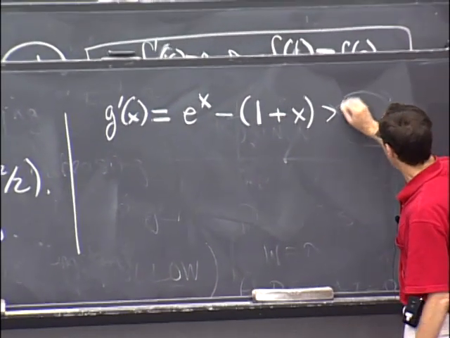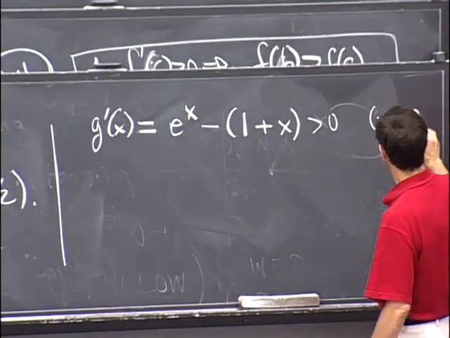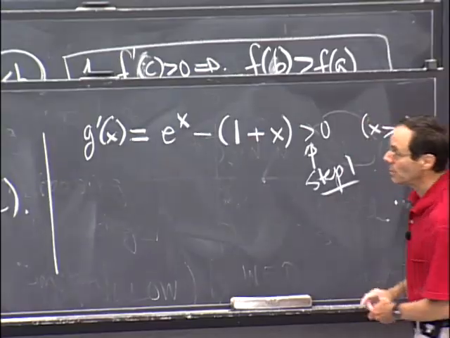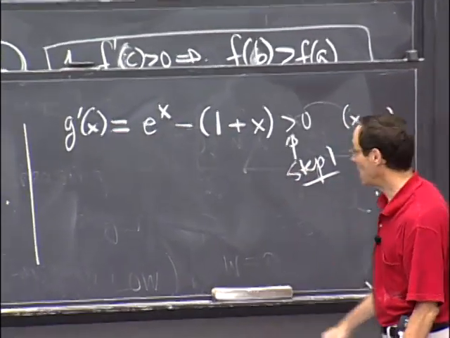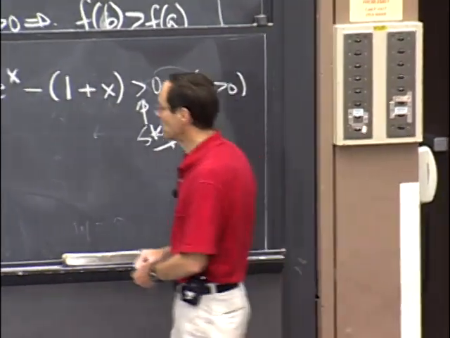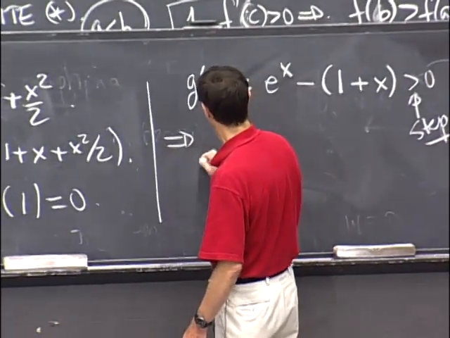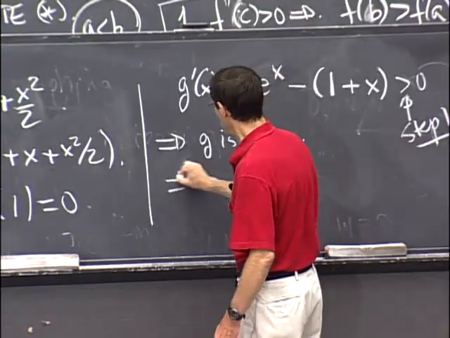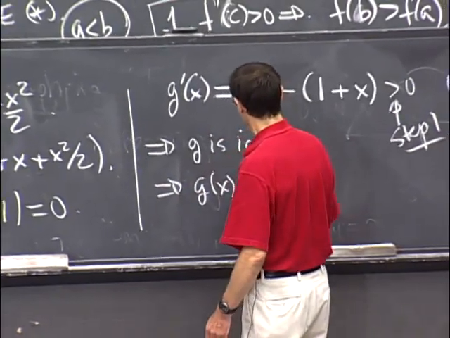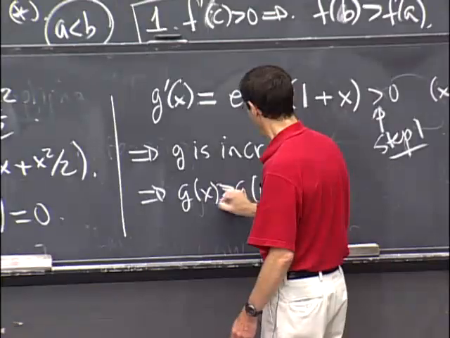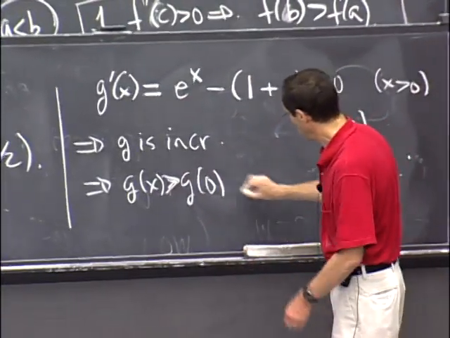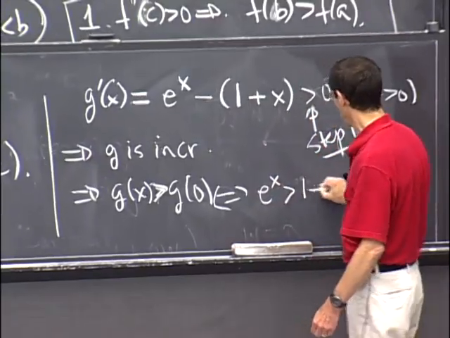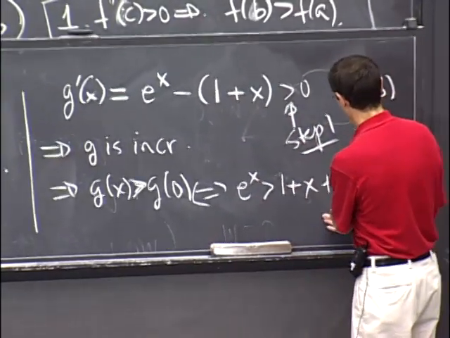And this one is positive for x greater than 0 because of step 1, because of the previous one that I did. All right? So g is increasing, which says that g of x is bigger than g of 0. And if you just read that off, it's exactly the same as our inequality here. e to the x bigger than 1 plus x squared over 2.